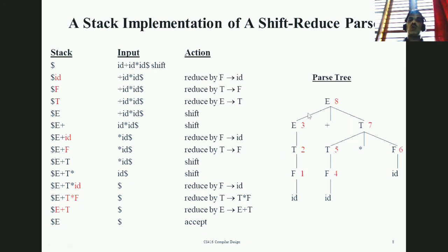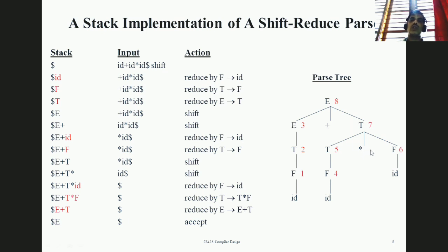The same thing is shown as a parse tree. The given string is ID plus ID star ID. First, ID is replaced by F, F is replaced by T, and T is replaced by E. Once we complete this E, we push plus onto the stack. Once again, we take the next ID, which is replaced by F, and F is replaced by T. Again, we did not convert E plus T into E, because plus has lesser precedence compared to star.